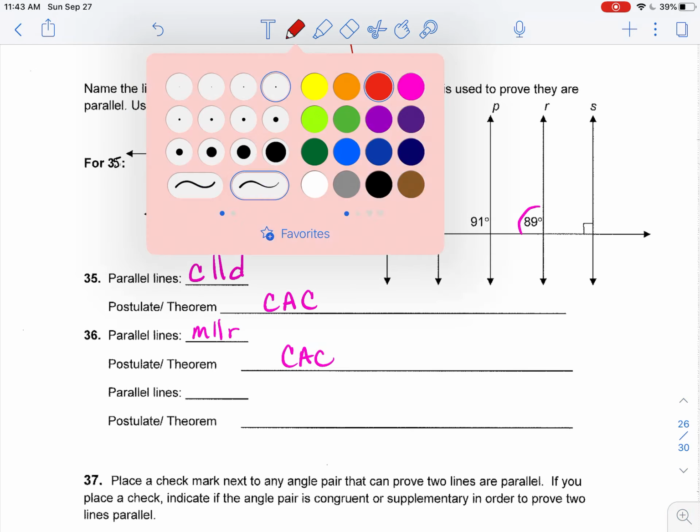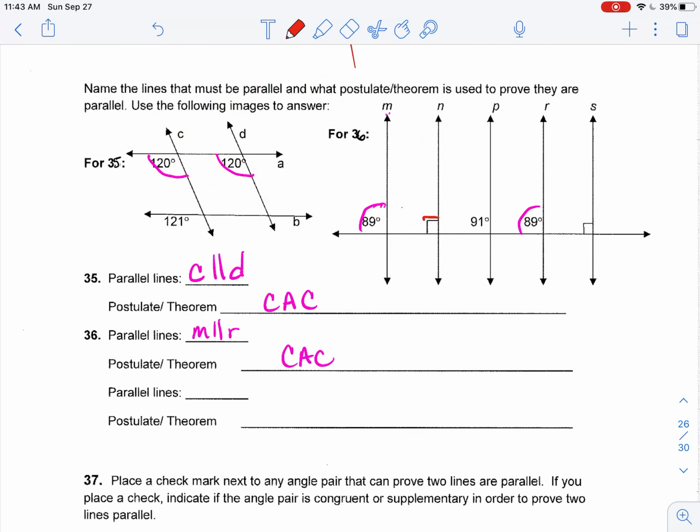And then I can also say that this 90 degree angle is congruent with this 90 degree angle, so N is parallel to S. And for this one, I'm going to use the perpendicular transversal theorem.